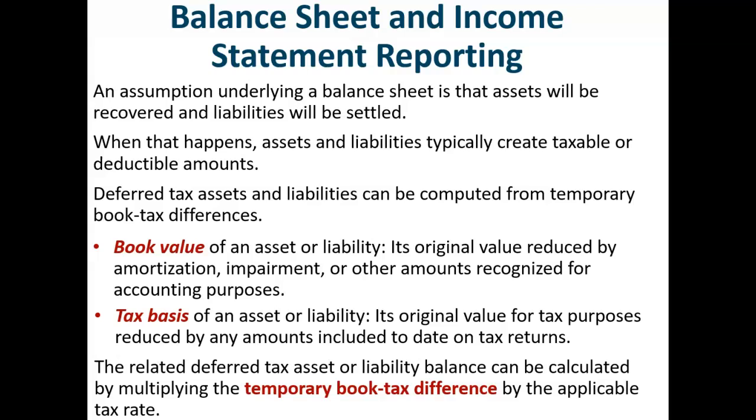A difference between book value and tax basis, commonly called book tax difference, implies a future taxable or deductible amount. So we can use book tax differences to calculate deferred tax assets and liabilities.